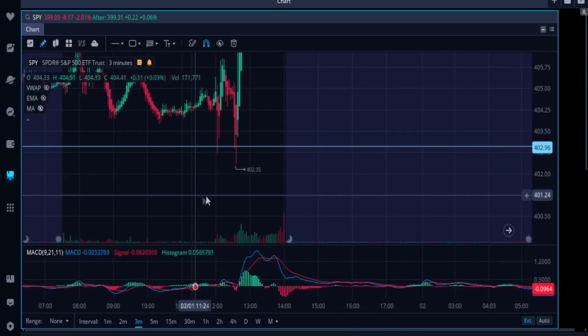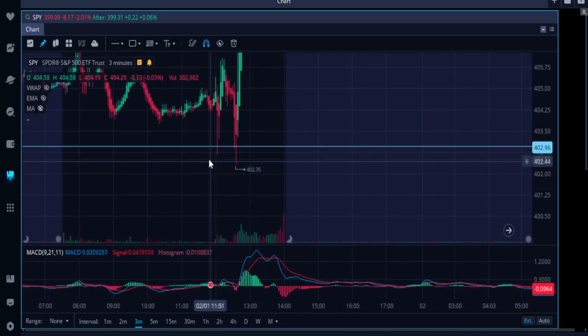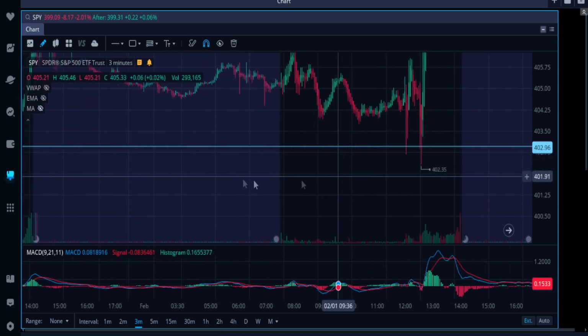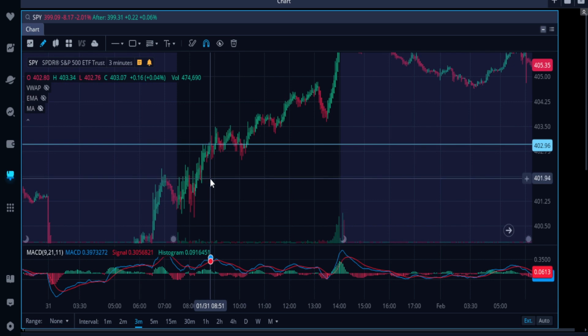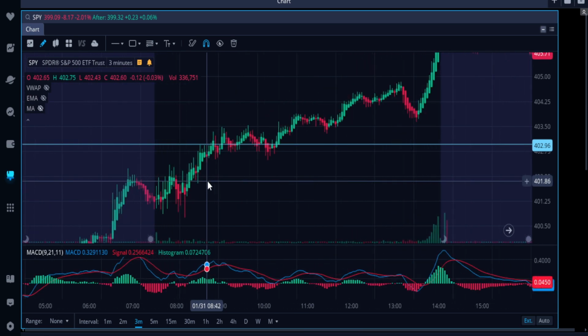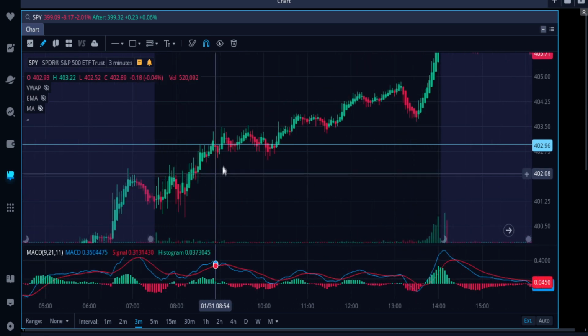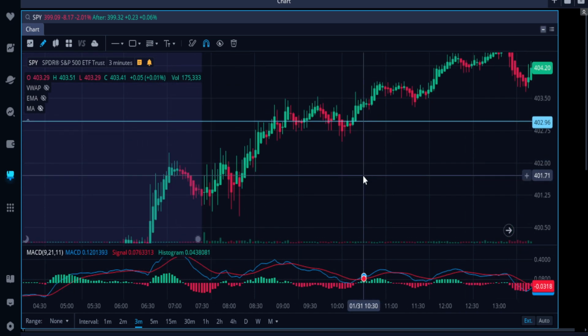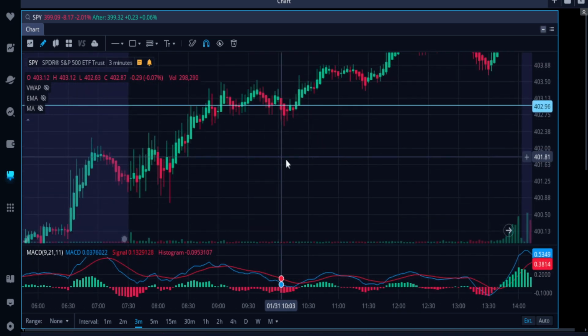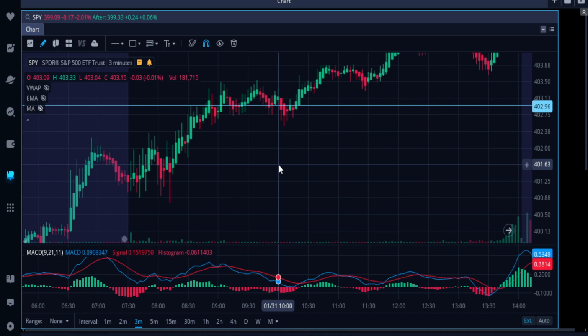So right here you come across a few wicks. That's nothing significant for me, so I would keep scrolling. And here on January 31st, you finally see some significant price action below our breakout line, right? 402.96. And then I zoom in, and then I see, okay, what's a significant level?